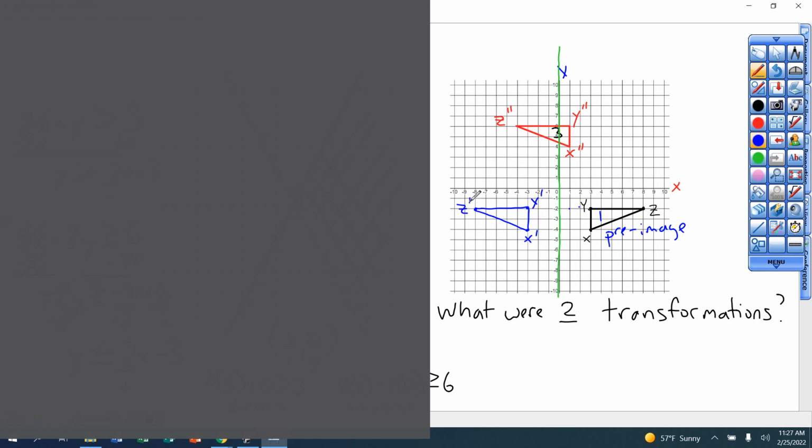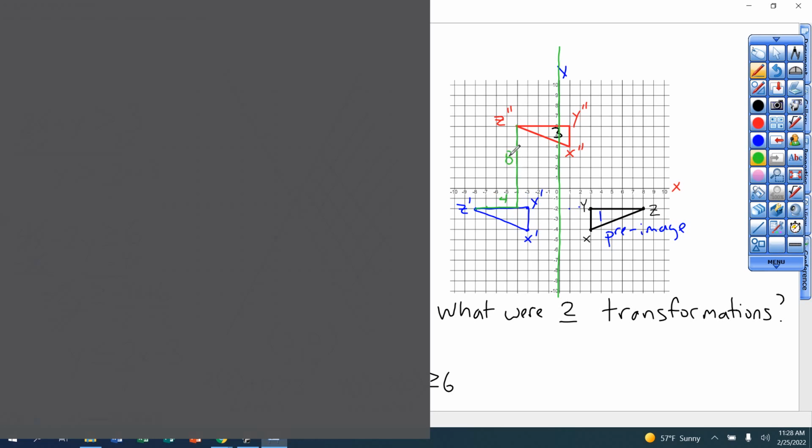Now, it looks like all I have to do is chart out this slide right here for my translate, and that looks like it's going over to the right, 1, 2, 3, 4, going up 1, 2, 3, 4, 5, 6, 7, 8. So again, charting that movement from Z to my other Z, it's going to the right 4, and then going up, looks like 8.